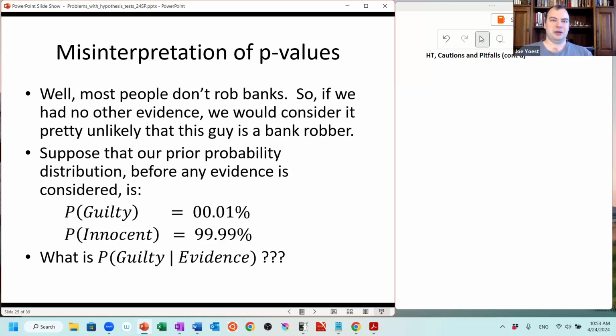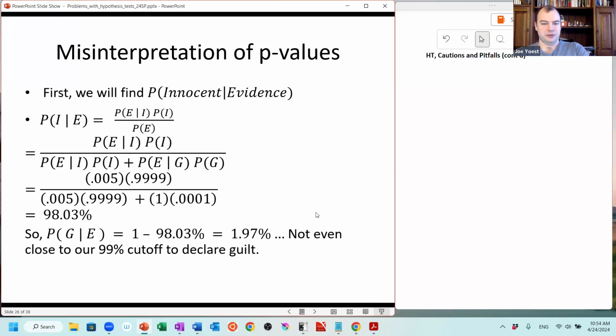We don't want to count the same evidence 2, 3, 4 times. We should count each piece of evidence once. So we should, I would argue, at the beginning of the trial, if we're the jury, look at the person as a randomly chosen person from the population, and then see how the evidence stacks up throughout the trial. Of course, psychologically, most people don't do that, but that's probably what we should do.